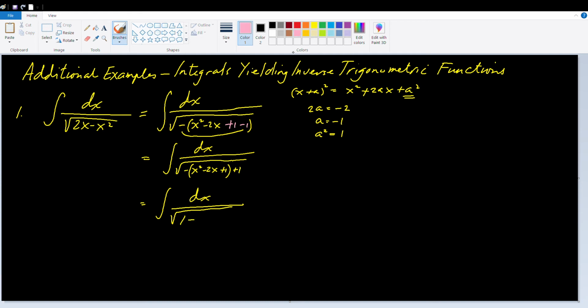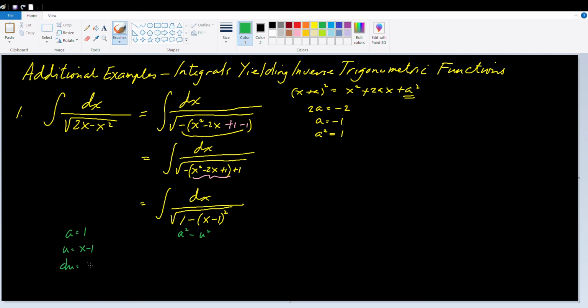minus x squared minus 2x plus 1, which is now a perfect square trinomial equal to x plus a, or x minus 1 squared. So our radicand takes the form a squared minus u squared, where a is 1 and u is x minus 1.